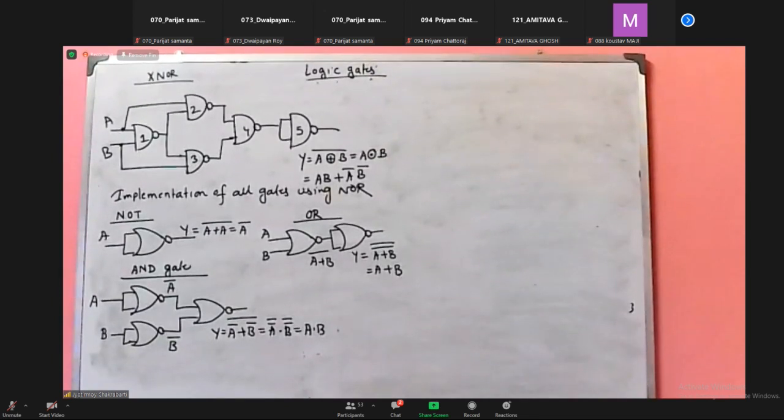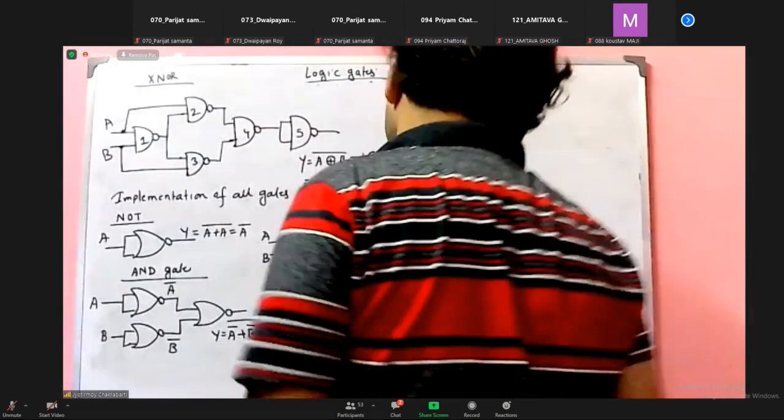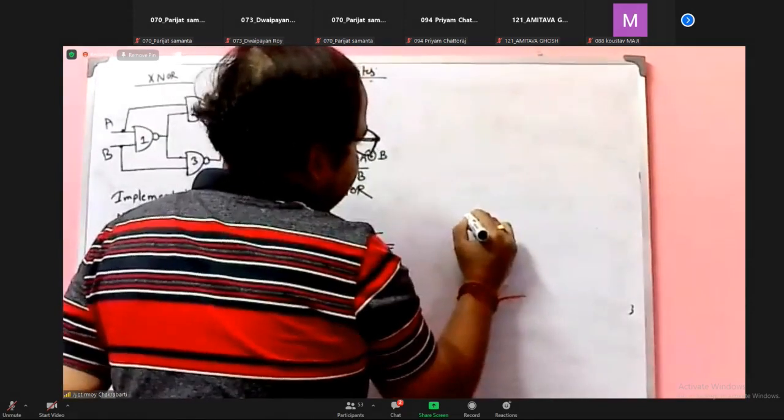So, in which way we implemented the XOR using NAND? Here we can implement in a similar way for XNOR using NOR. Okay, so you can see this XNOR.